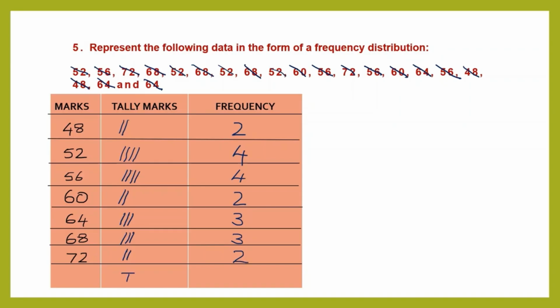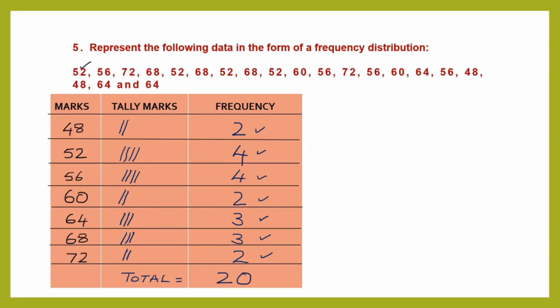Now let's find the total and see whether we've got all the numbers. 2 plus 4 is 6. 6 plus 4 is 10. 10 plus 2 is 12. 12 plus 3 is 15. 15 plus 3 is 18. 18 plus 2 is 20. So our total is 20. Now let's see if we have 20 numbers there.